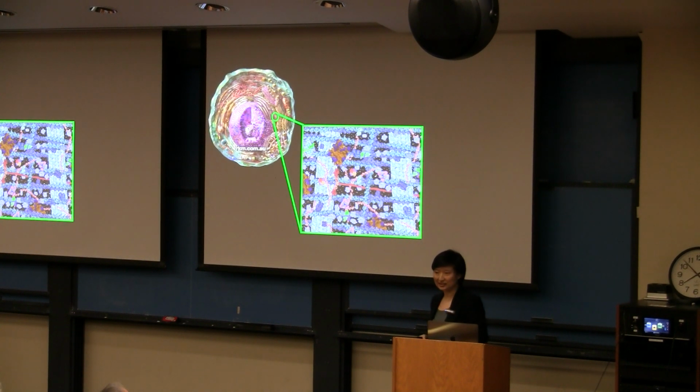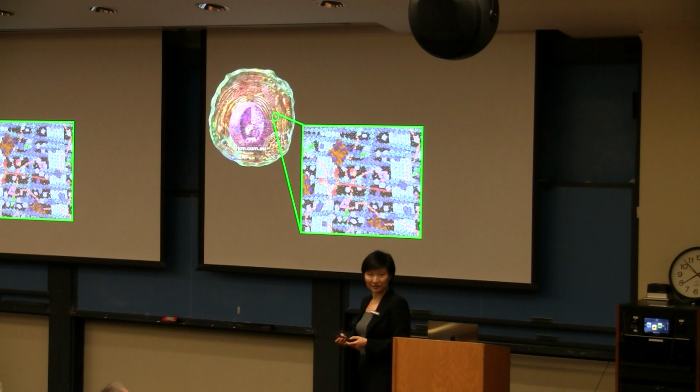And that's because inside the cell, we're not talking about just one kind of molecule. There are actually thousands of different kinds of molecular species that are collectively interacting and functioning to give the cell its life and behavior and function.